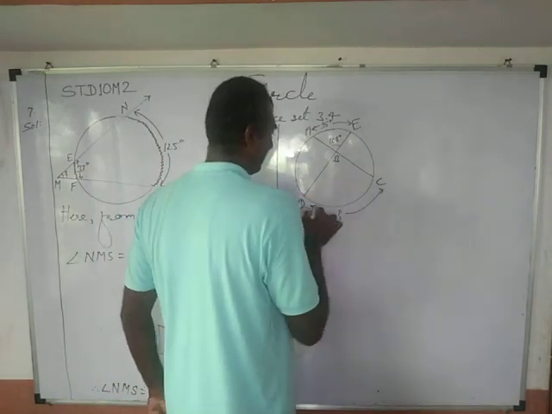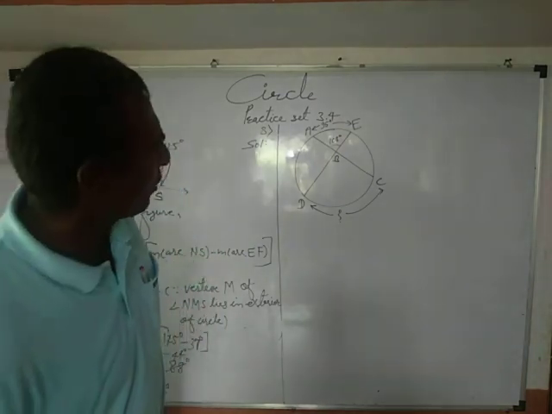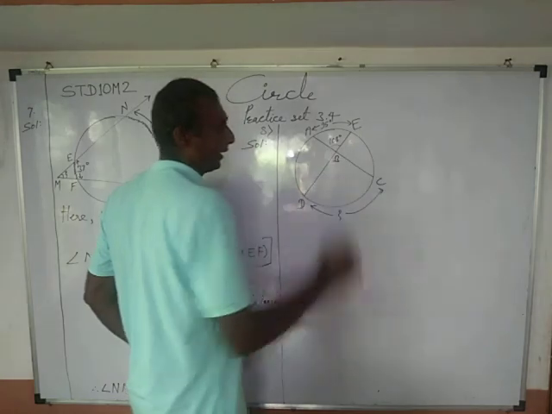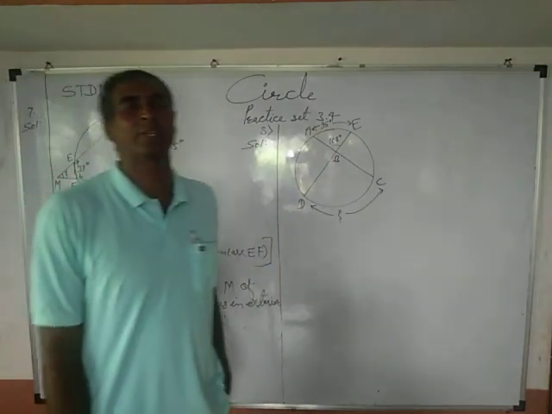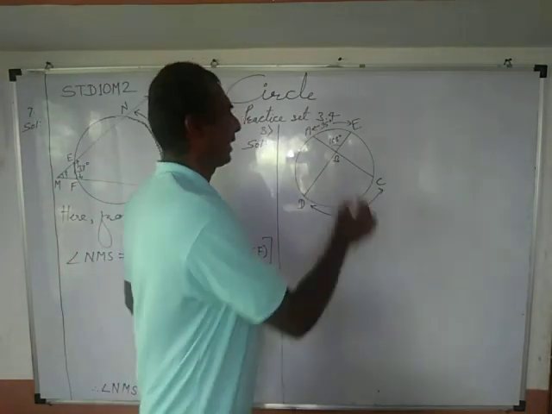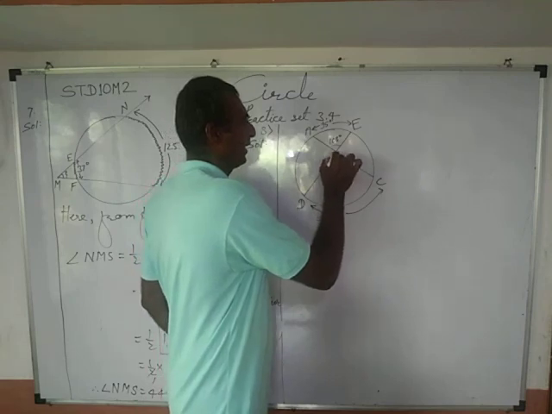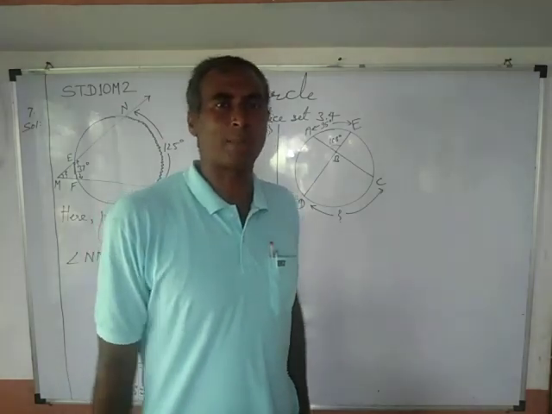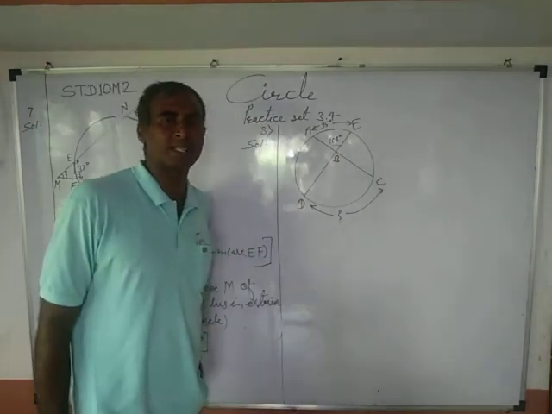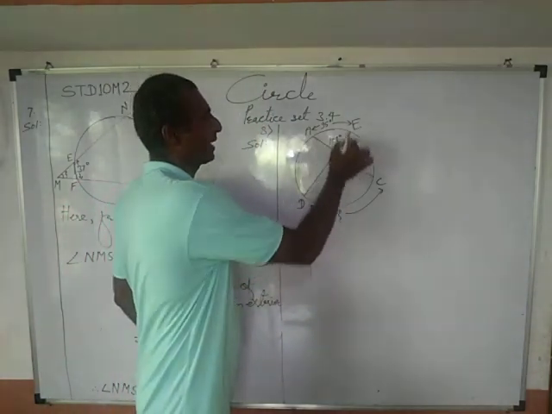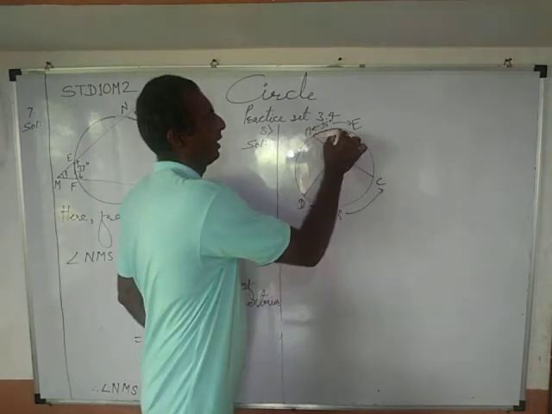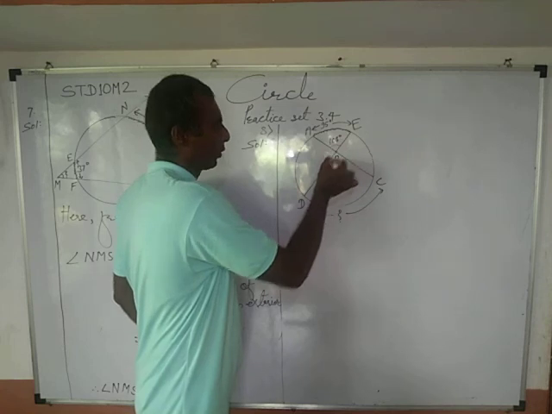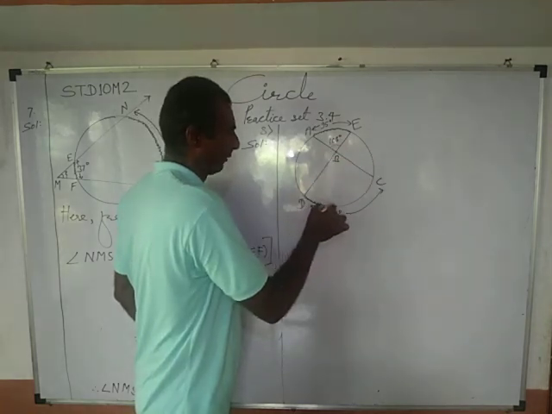Okay. From the figure, you may note vertex B of angle ABE is in the interior of a circle, and we know that if the vertex of an angle lies in the interior of a circle, then the measure of such an angle equals half of the sum of measure of arcs intercepted by that angle itself and the arc intercepted by its vertically opposite angle.